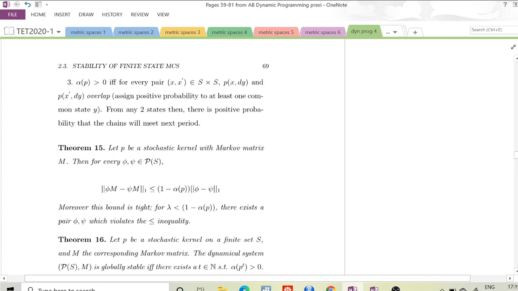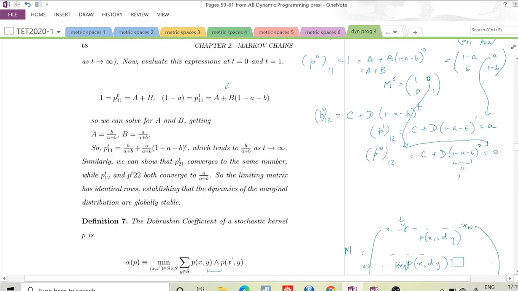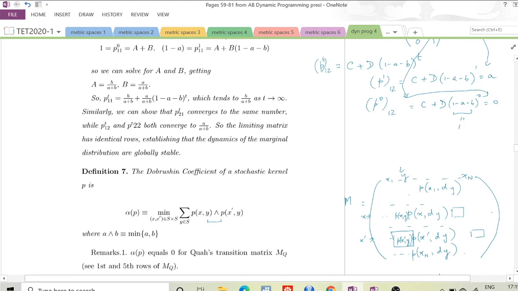When you're taking the smaller of these two numbers for each column y, you always get something strictly greater than 0, and this is true for every pair of states. Individually for some state y, you may get a 0, but when you add across all these, you're getting a positive number.